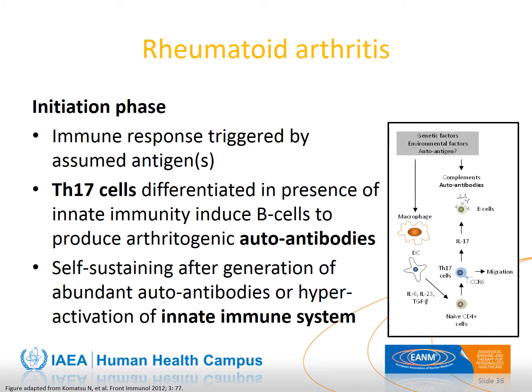Subsequently, Th17 cells will promote B cells to produce arthritogenic autoantibodies. This entire process becomes self-sustaining once sufficient amounts of autoantibodies have been produced, or because of hyperactivation of the innate immune system.